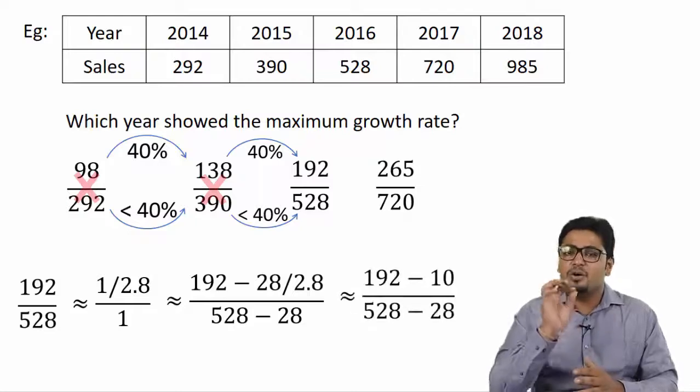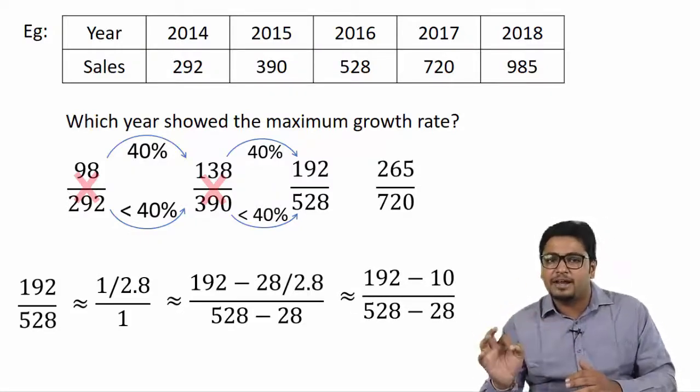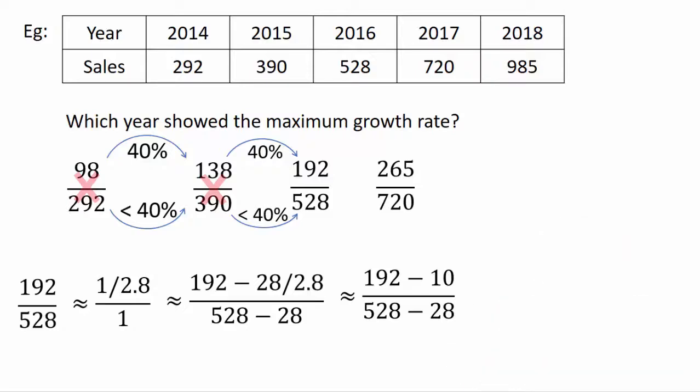This gives us 192 minus 10 upon 528 minus 28, which is 182 by 500. Now either divide straight away with 5 or else you can treat dividing by 500 as multiplying by 2 and then dividing by 1000. 182 into 2 is 364. Divide by 1000 gives us final value as 36.4%.